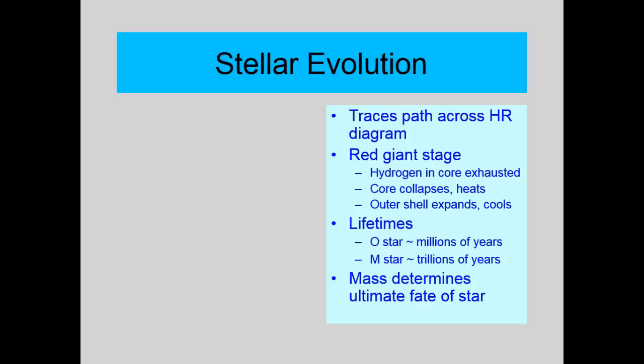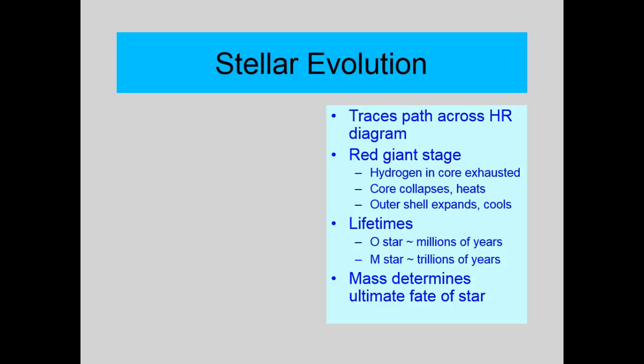What happens? Well, remember the fusion was blowing things outward. When you don't have enough fusion happening, now the core collapses. When it collapses, it's already really, really hot because of the fusion. Now when it collapses on itself, it heats up even more. I mean, big time heating up. Now this is the core. When the core heats up even more, the outer shell expands.